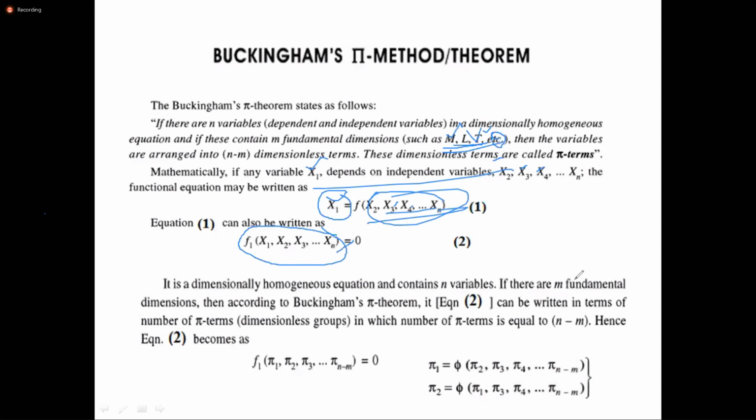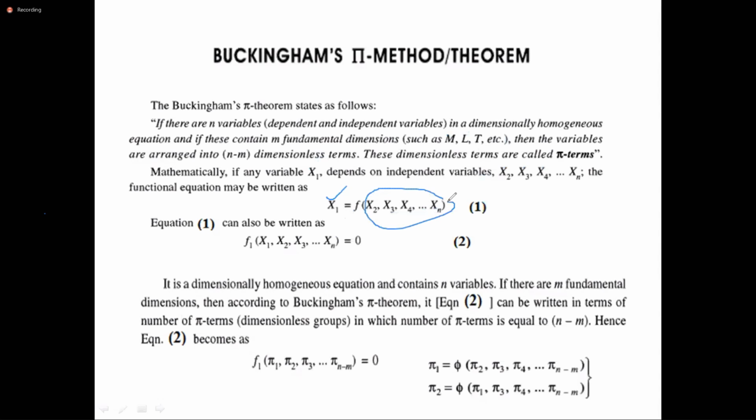Now here we have to introduce the phi theorem. What does it mean? What is the phi theorem? That is important, right? So first step, step 1: how many variables are given in the problem, you have to find out, including, for example, x1 is a function of x2, x3, x4, xn.